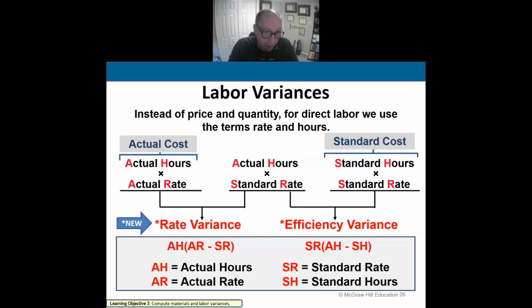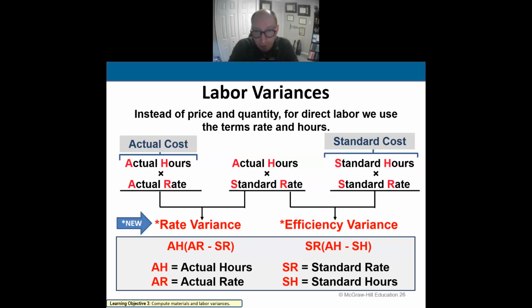So we can find the rate variance by taking the actual hours times the actual rate minus the actual hours times the standard rate. The formula can also be expressed as actual hours times the actual rate minus the standard rate. Remember the parentheses, you do the parentheses first. So that's our rate variance.